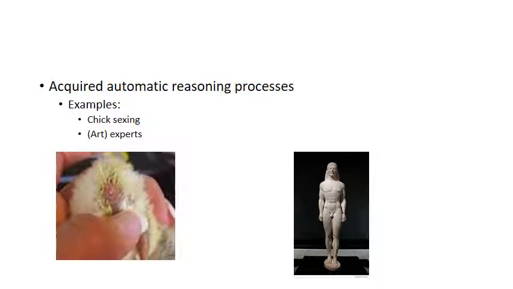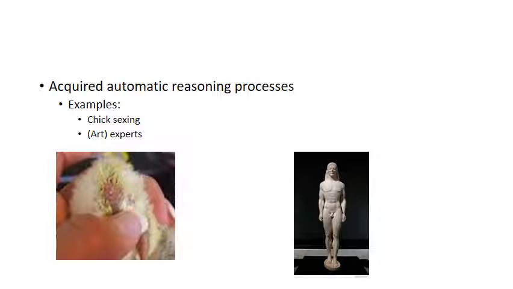We can drive while having a conversation with another person, thinking about other stuff, having a phone call, and so forth. So it becomes an automatic reasoning process, and it becomes so because we do it again and again, because of repetition and because of that learning process. And there's a whole bunch of examples of these automatic reasoning processes.